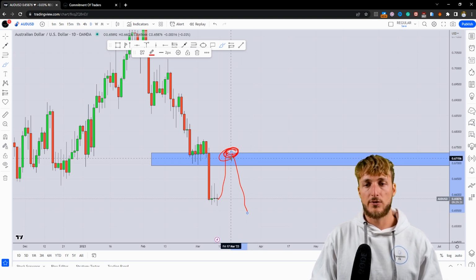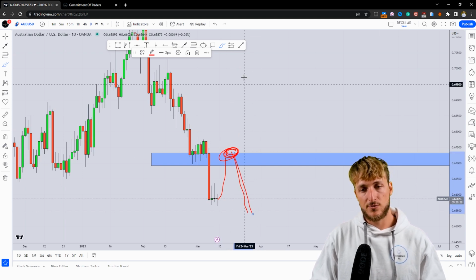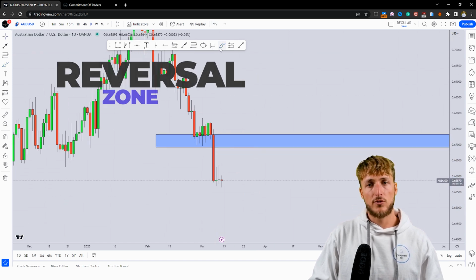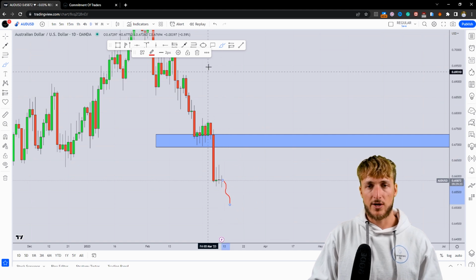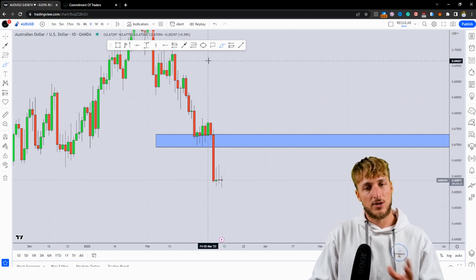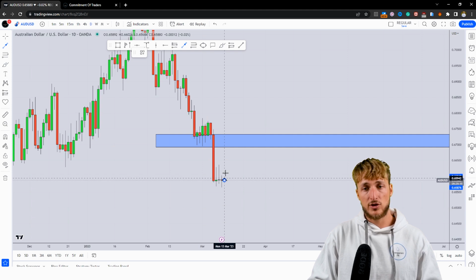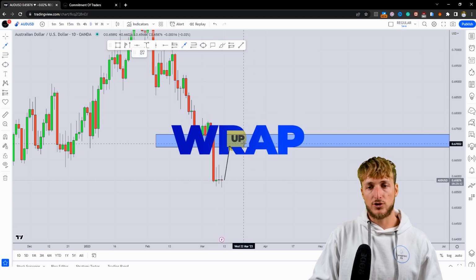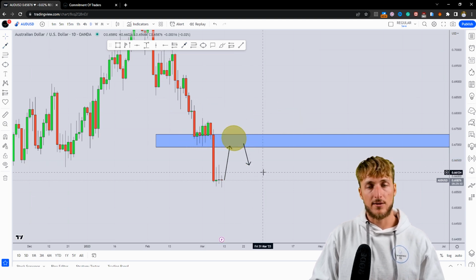So if we will see a rejection to this area, from here there is a possibility for a potential reversal to the downside. So we have no confirmation that this will actually happen. From here the market could easily continue to the downside, not creating this setup. However, if the market actually creates this move to the upside and goes and tests this area, we could be approaching a potential reversal lower away from this zone.